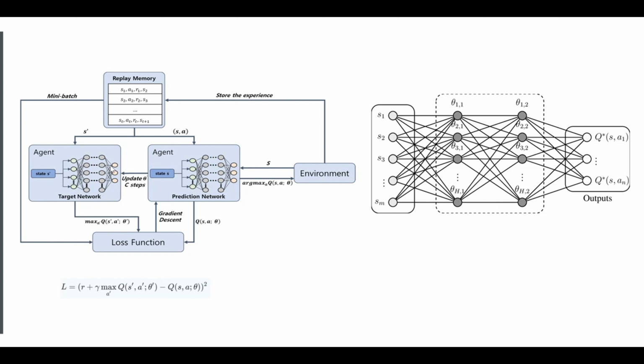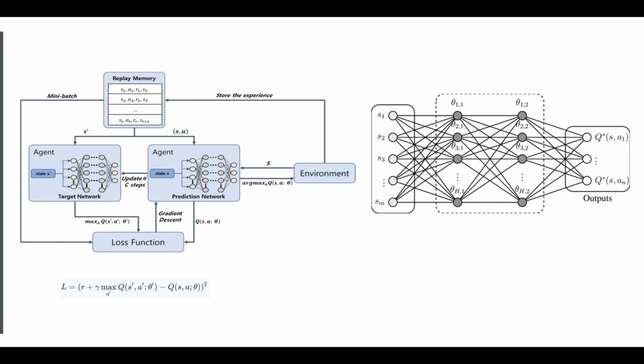Each of these actions may have a reward as well. So basically, we input S prime into this target network. Initially, again, it's identical with this prediction network. So we use S prime, which is the state caused by the action A1, as an input into the target network. It will output the Q value of each action based on S prime.